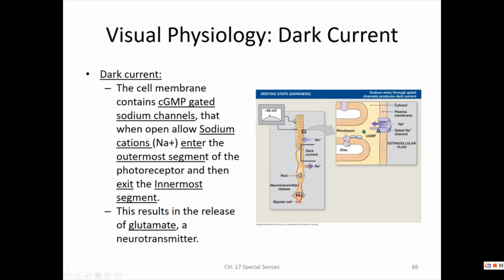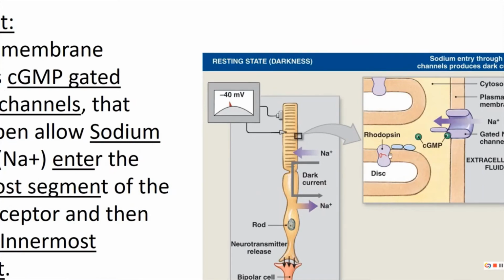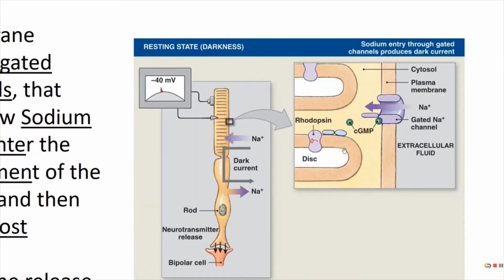It's a lovely day. So what you've done is you put a doorstopper in the door to let a lovely breeze come in, and this breeze comes in and flows out. So it comes in the outer segment and leaves the inner segment. Sodium flowing in is the breeze.